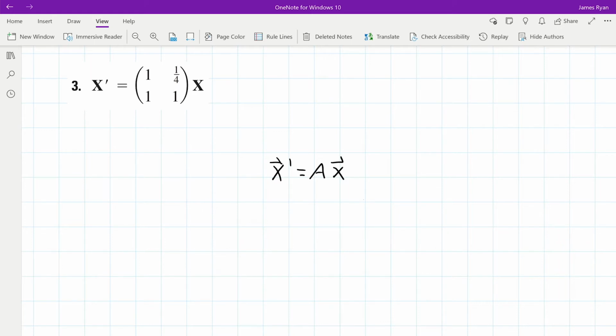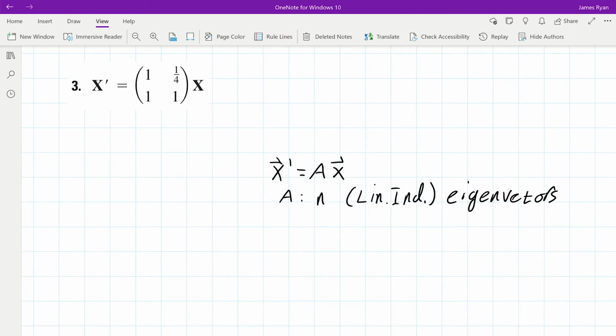A is diagonalizable if A has n linearly independent eigenvectors, if A is n by n. So if A is 3 by 3, it needs 3 linearly independent eigenvectors, 7 by 7, 7 linearly independent eigenvectors.